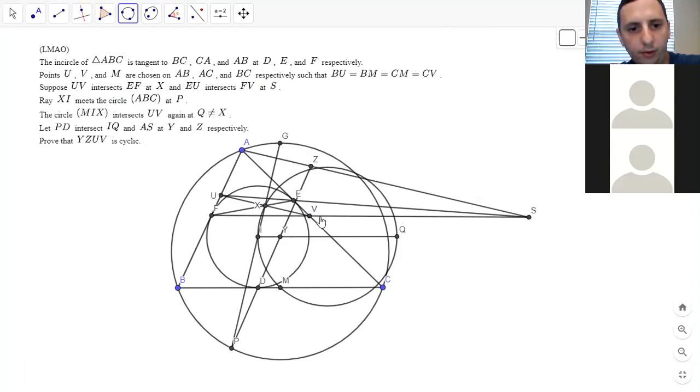And then once we know AGVU is cyclic, we used UI equals IV. So since UI is equal to IV, AGUIV is cyclic, right? And then we have to show Y lies on that, right?